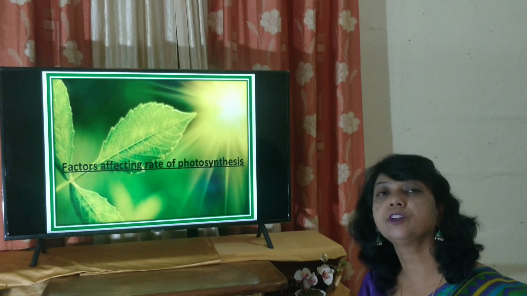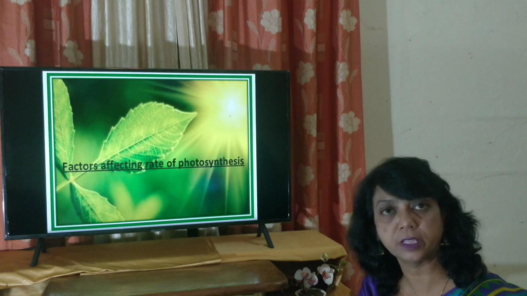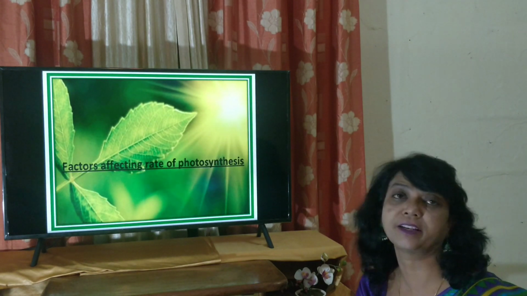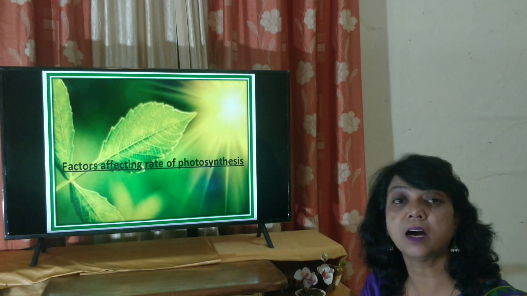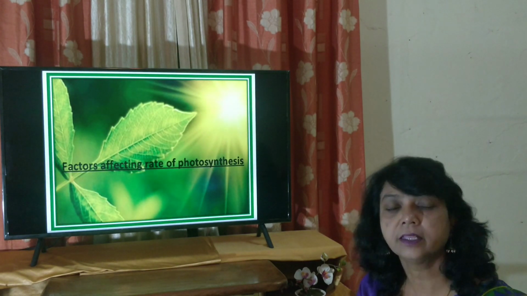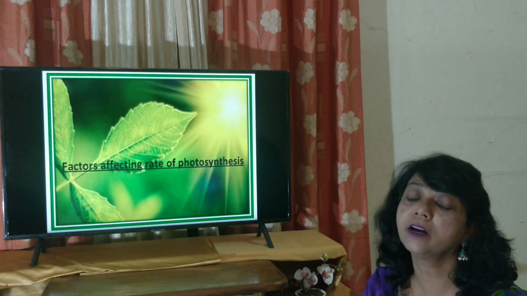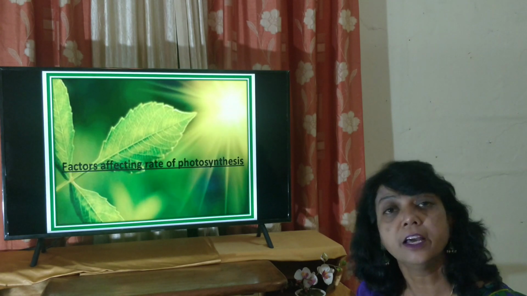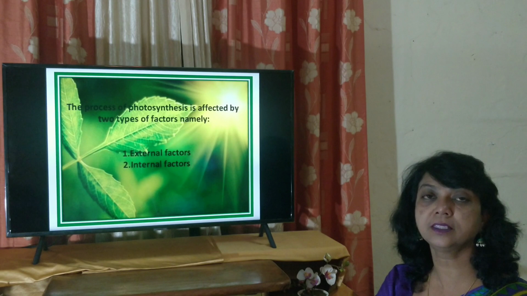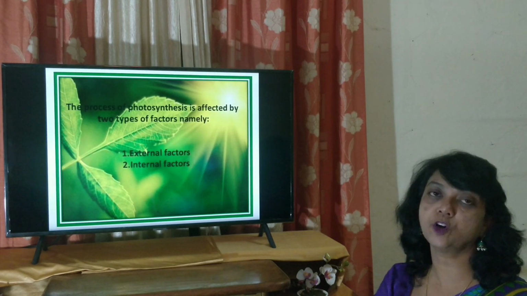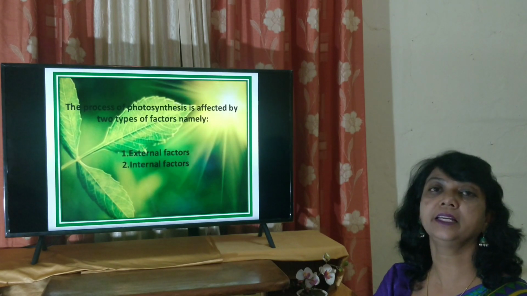Now, the focus of our study will be on the factors that affect photosynthesis. There are several factors which affect photosynthesis, and all these factors are interdependent. That means if there is change in any of the factors, the rate of photosynthesis will get affected. The process of photosynthesis depends upon two types of factors, namely external factors and internal factors.